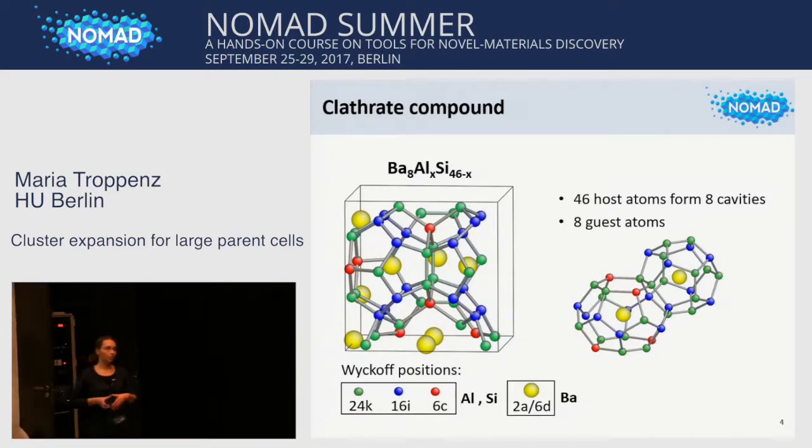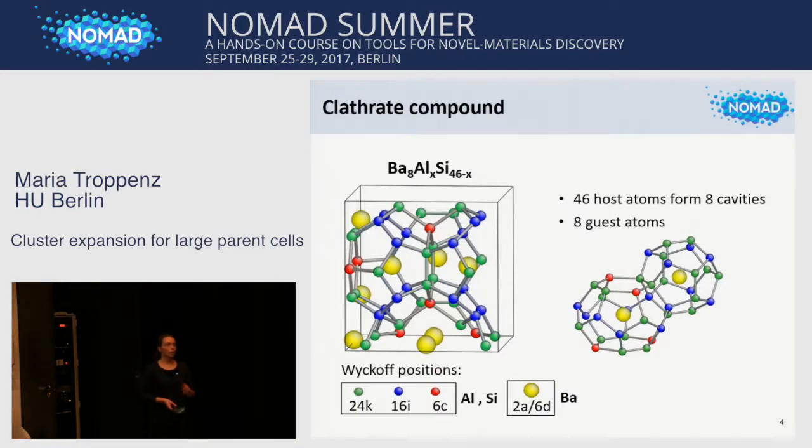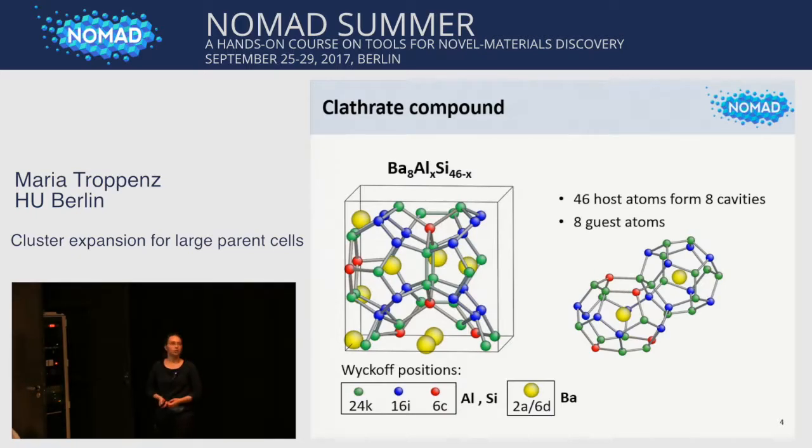Inside the 8 cages, one puts guest atoms, which are usually heavy elements, and they should scatter phonons. In our case, we study the clathrate compound barium, aluminum, silicon. So barium as heavy elements as guests, and in the framework we have silicon atoms, and some of the silicon atoms are substituted by aluminum.